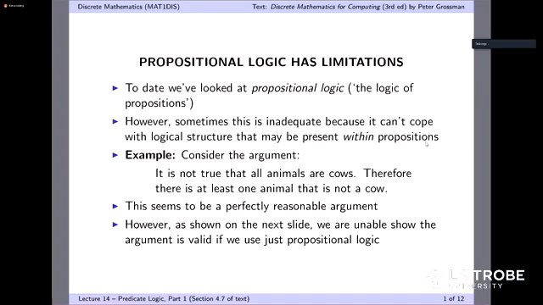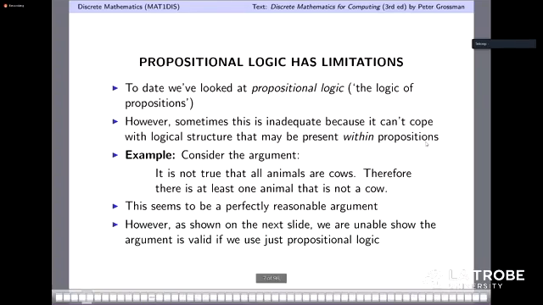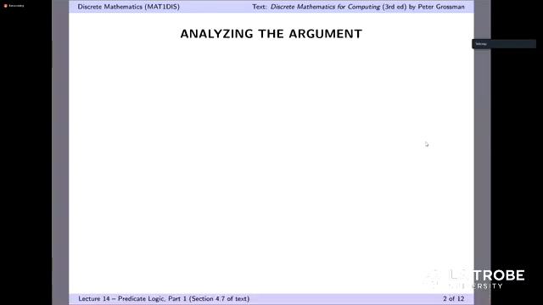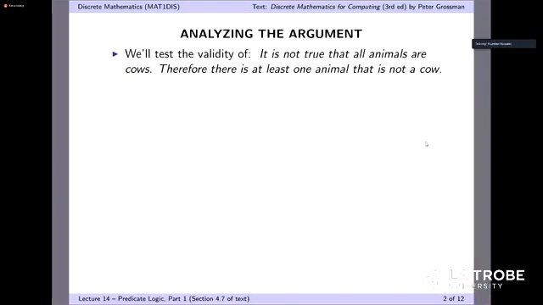However, let's try to analyze the argument. We'll test the validity of: it is not true that all animals are cows, therefore there is at least one animal that is not a cow. Start by defining atomic propositions.